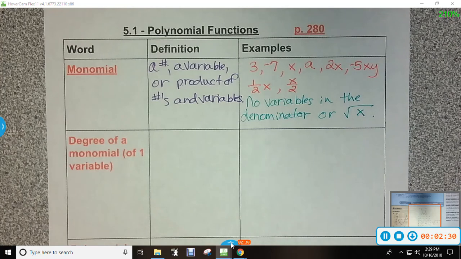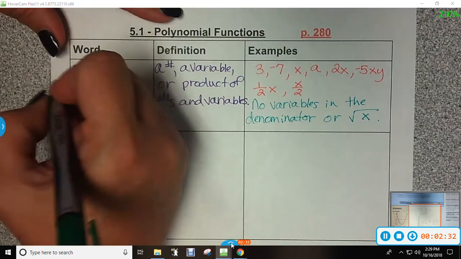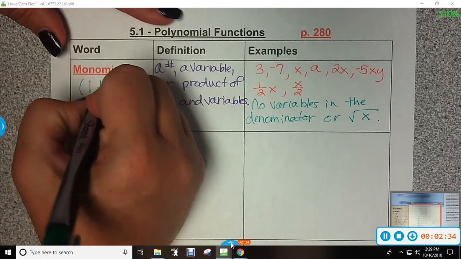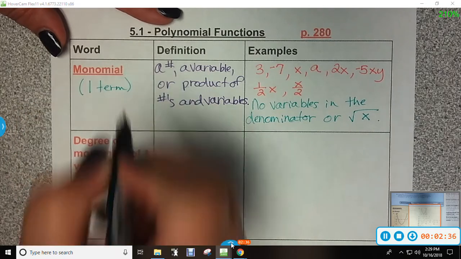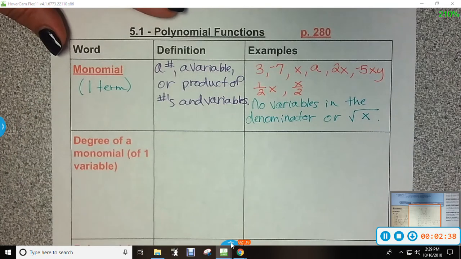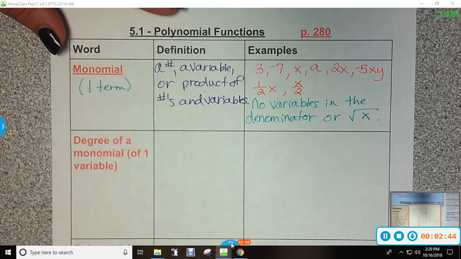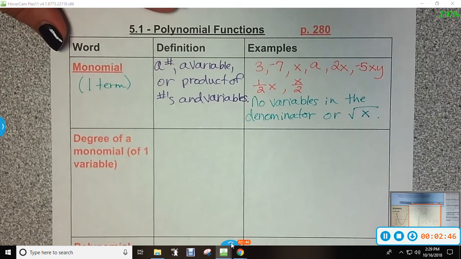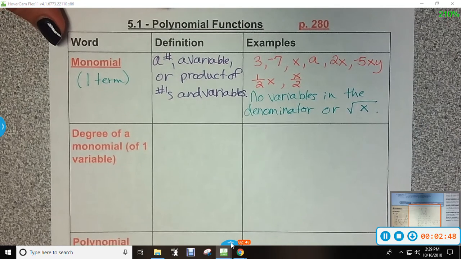Also, when you are talking about a monomial, that is just one term. You don't have stuff added and subtracted together, it's just one thing, even if it's a product.